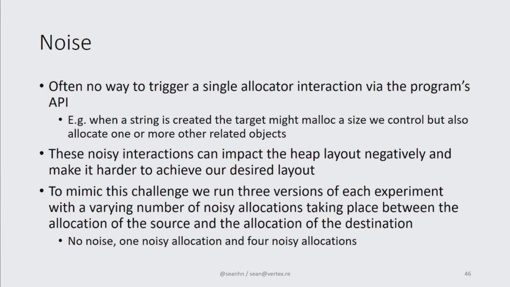So what we're going to see in the results in a few minutes is there are experiments where there's no noise, experiments where there's one noisy allocation, and experiments where there are 4 noisy allocations. Those noisy allocations are simply extra allocations added into the interaction sequences, such that when the search interacts with the allocator, it can't interact with just a single atomic allocation or free.